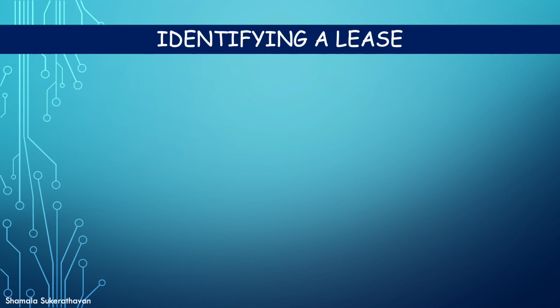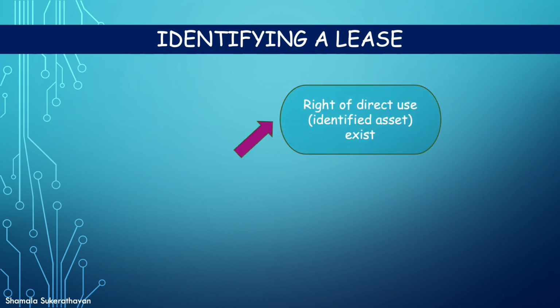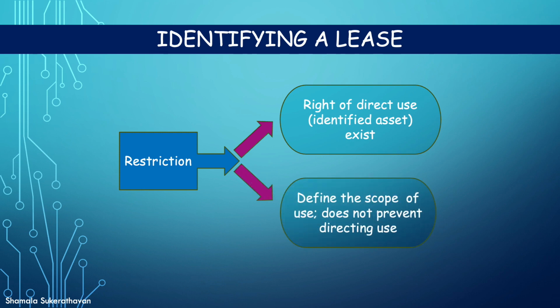Please note, the right to direct the use of an identified asset still exists even if any restrictions are put by the lessor within the contract, as these restrictions define the scope of right of use and do not prevent the lessee directing the use of the asset.